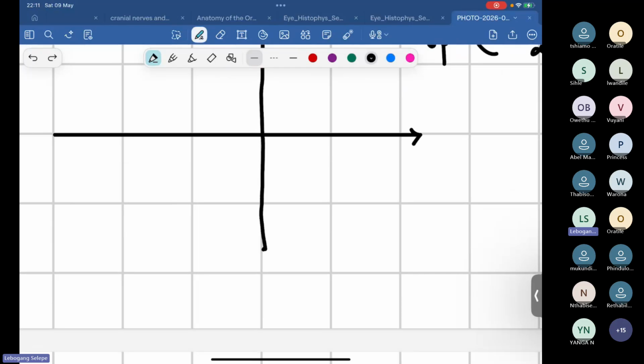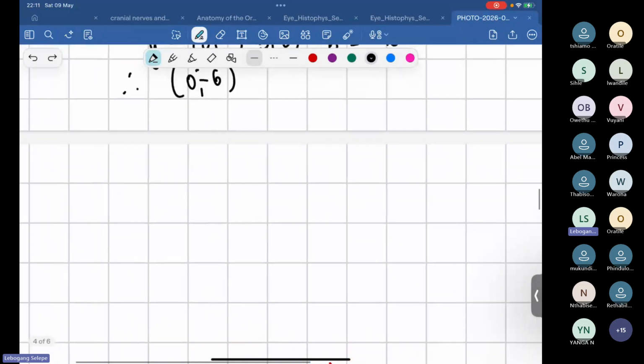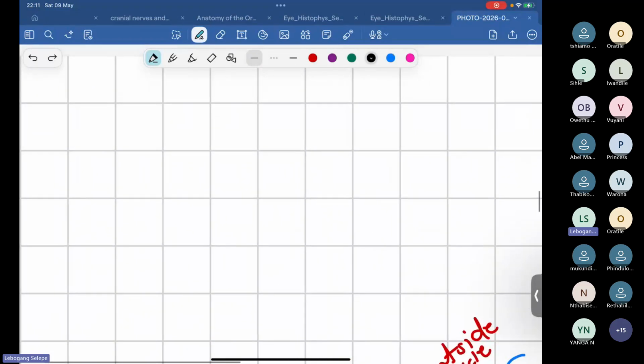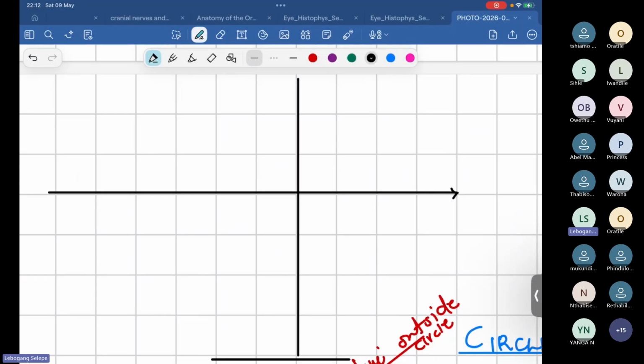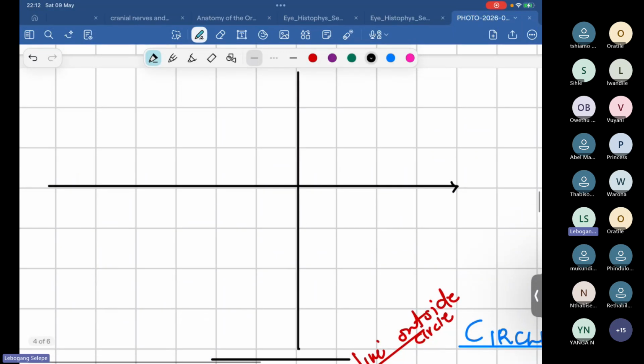Let me just draw it on a different page so that it makes more sense. Let's draw it here. So you're going to have this, and you're going to have something like that, and then we're going to have that.